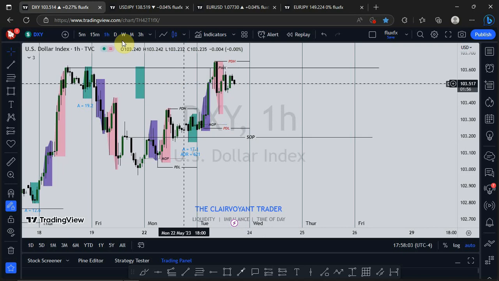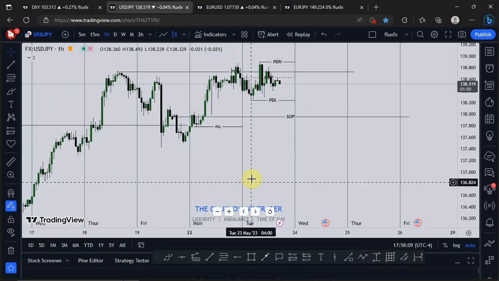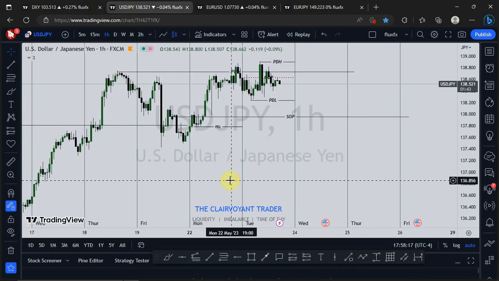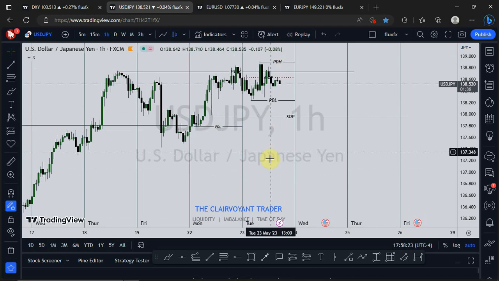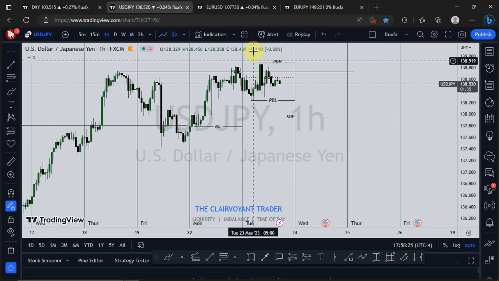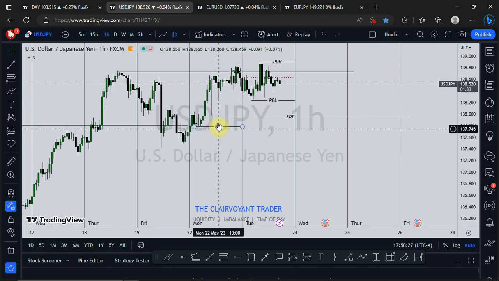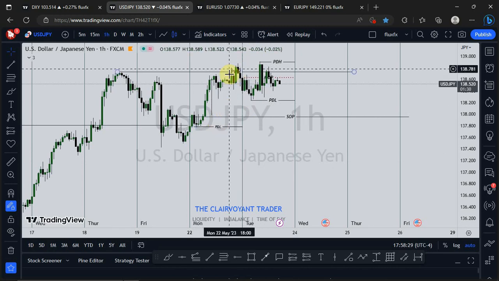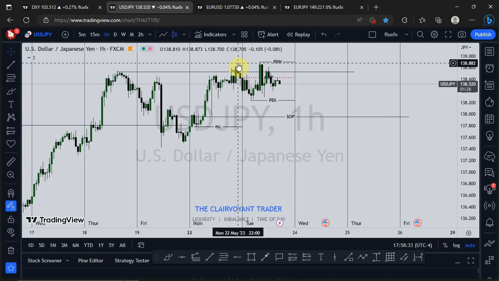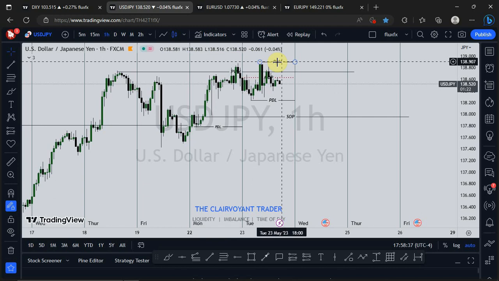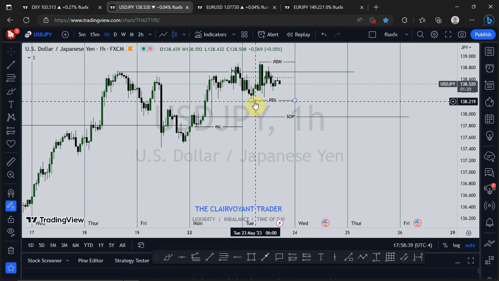Let's look at what is happening on USD/JPY. Yeah, so for USD/JPY, I'm still silent on this market because Tuesday's price action is still within the range of Monday's price action. This was the low that was made on Monday. This is the high that was made on Monday, and today being Tuesday, this is the high that was made, and this is the low that was made.